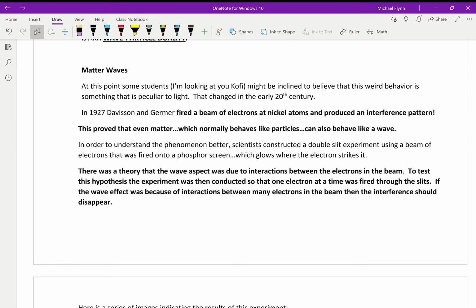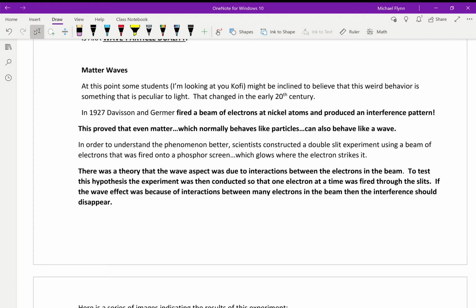If you fire one through, you just see one dot. Two, you see two dots, and so on. After tens of thousands of electrons have gone through, many dots have occurred on the screen. And when you look at all of those dots put together, you see the nodes and antinodes. And guys, that is a very, very strange thing going on.